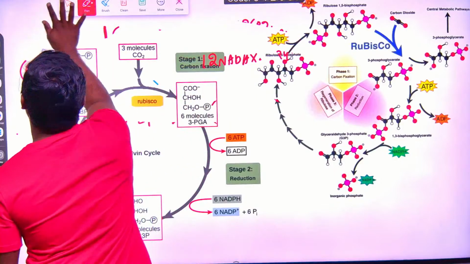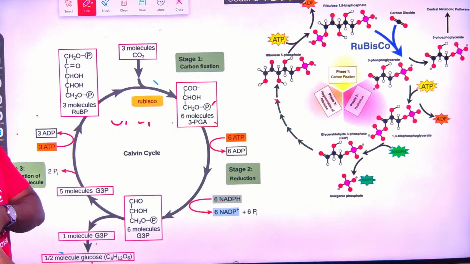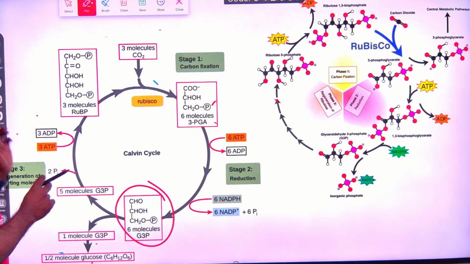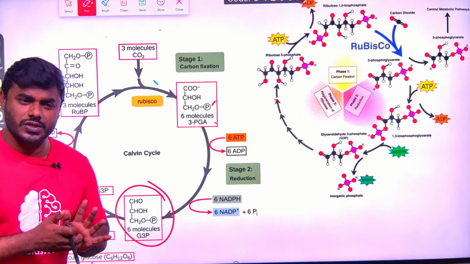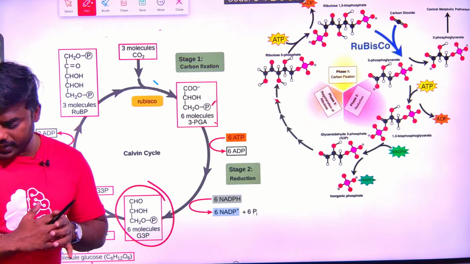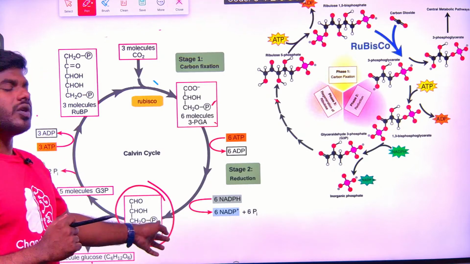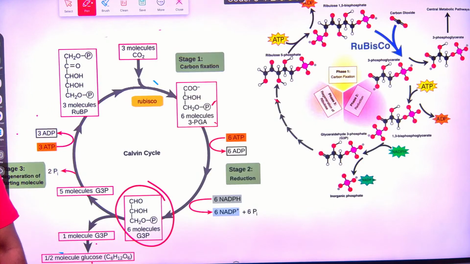Think slowly, use your brain and answer my question. What is the net amount of G3P that is involved in the production of glucose? That is the exact question. What is the net amount of the G3P that is involved in the production of glucose? 1.